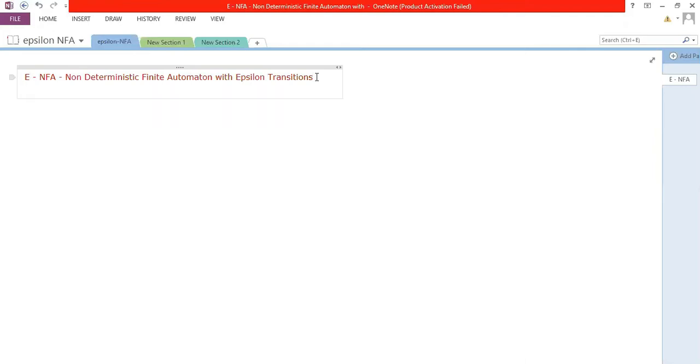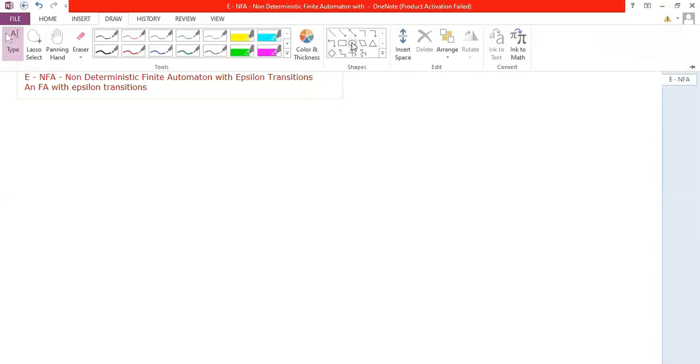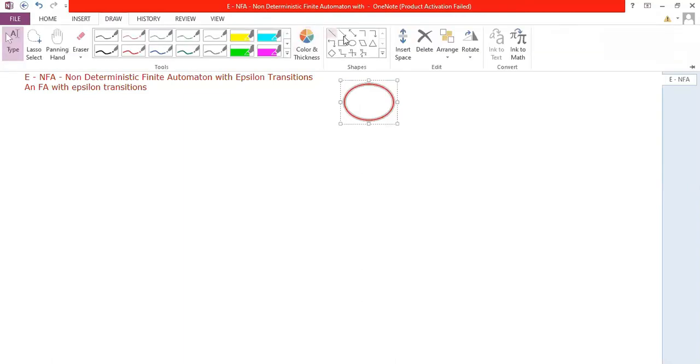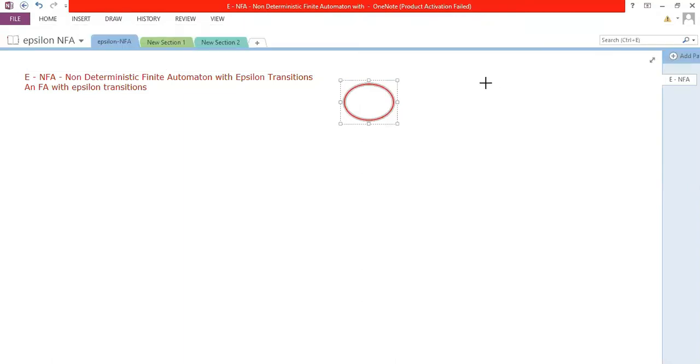So as the name says, epsilon NFA is an NFA. As the name says, it is an FA: a finite automata with epsilon transitions. That's it. The question would be, what are epsilon transitions? Please do understand, when there are two states, say for example, let's draw the states.